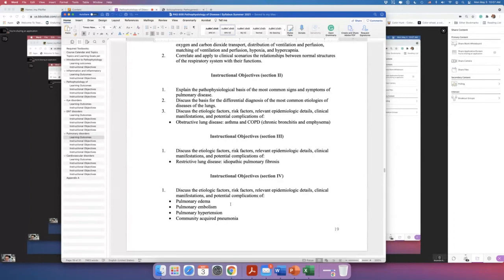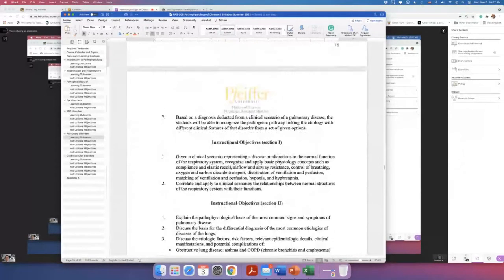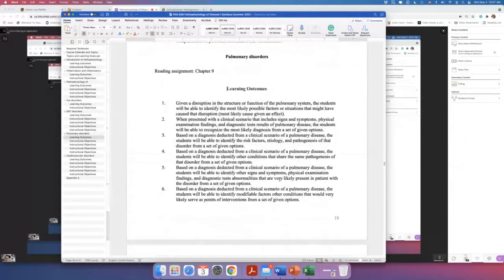So we are going to study the differences between these diseases that appear in the instructional objectives, and we are going to test them by using these learning outcomes.